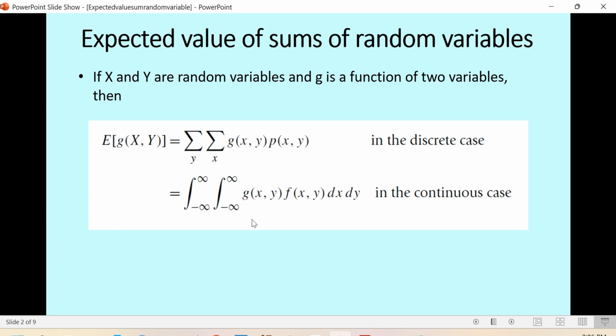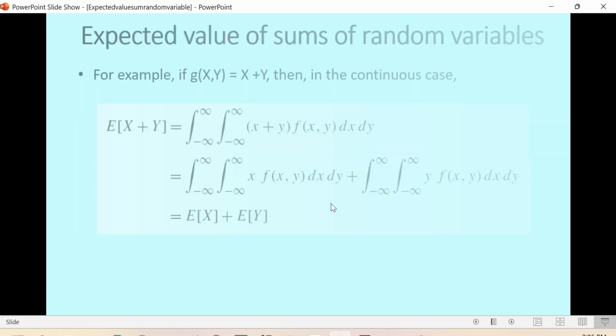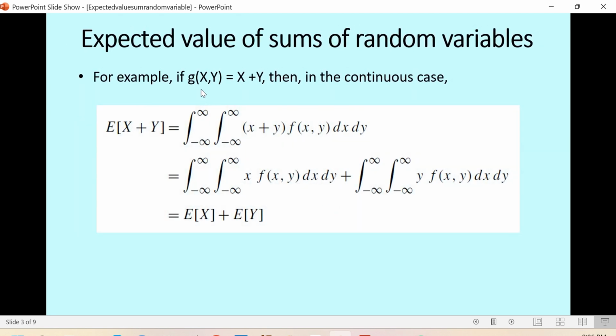So this is the mean value, the expectation of a random variable or of functions of random variables. Then if this function g(x,y) is x plus y, we multiply by the density function of x and y and take the integral over x and y.